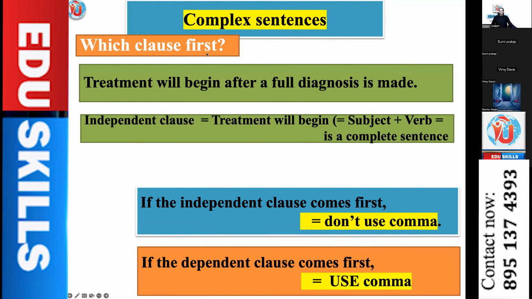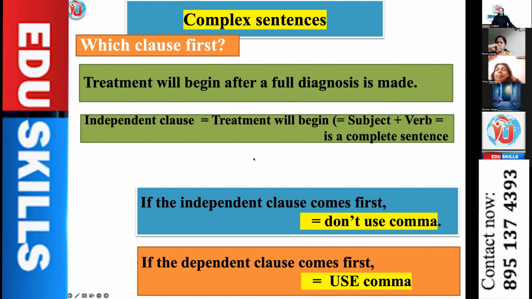Now you see one example. Which clause comes first? "Treatment will begin after a full diagnosis is made." "Treatment will begin" is the independent clause. Subject plus verb is a complete sentence. Since "treatment will begin" is the first part of the sentence, you need not put a comma. But if you start with "after a full diagnosis is made," comma, "treatment will begin."